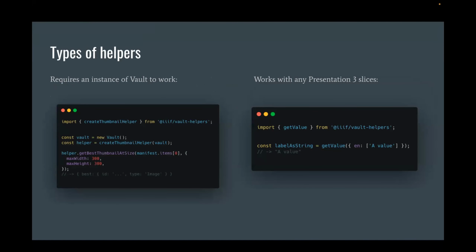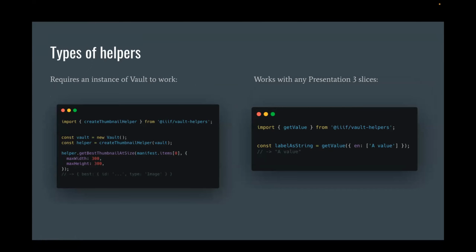So there are two types of helpers. Like I mentioned, there are helpers that require a Vault to exist and use Vault's APIs. So there's a thumbnail helper that's still in development, for getting a best thumbnail at size for any given resource. That could be a manifest, a collection, or a canvas, or canvas resource.